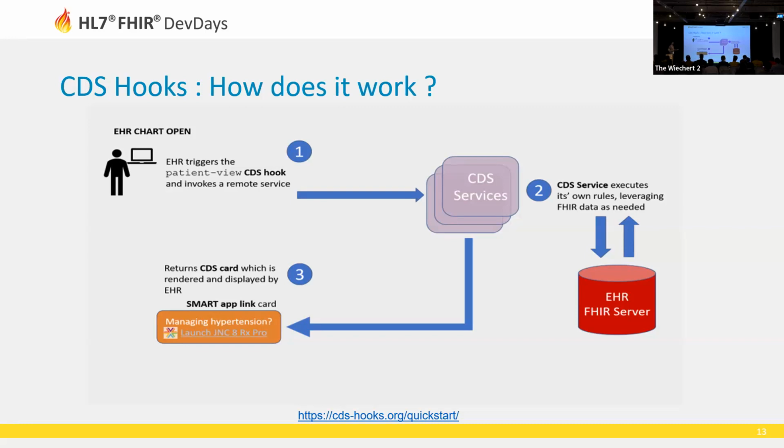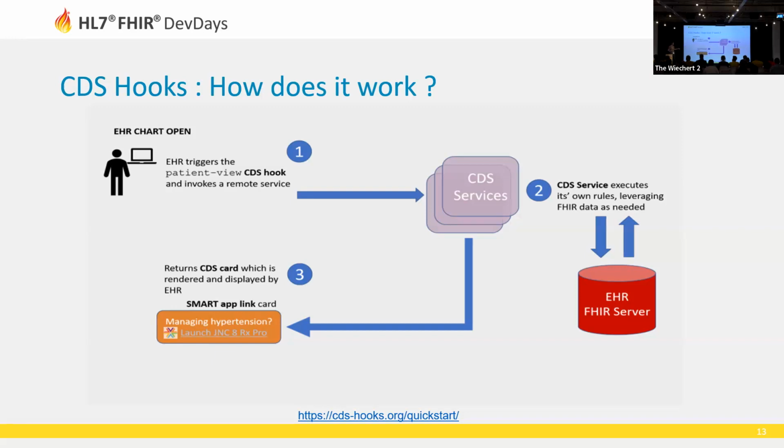But if you still do not have all the information that you need with the prefetch and context information, you can still allow the CDS service to interrogate the FHIR server itself. Obviously, when you are doing this, you need to ensure that the service does not have too much access to your data, so you have to restrain it for the user that is actually triggering the event.